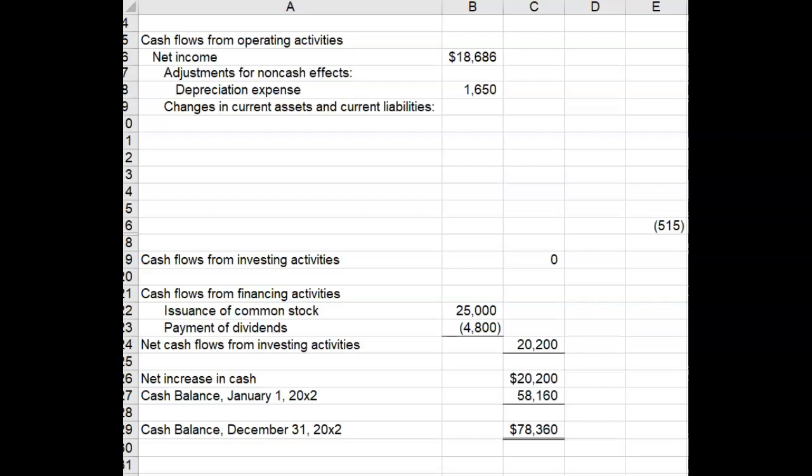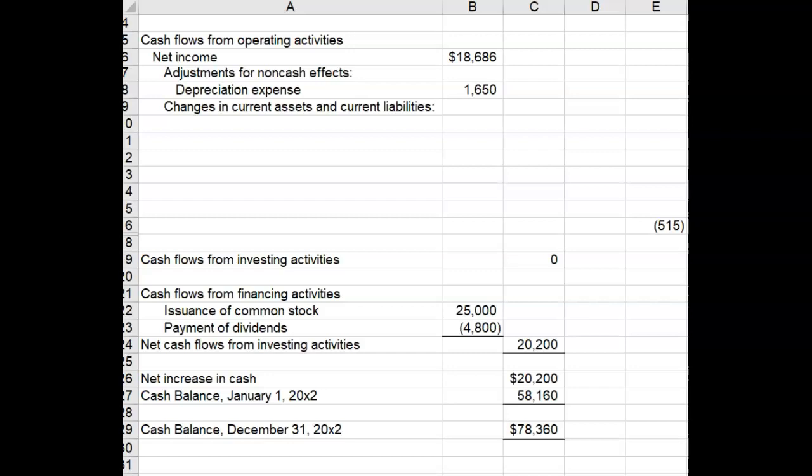What that means is, if the balance in a current asset increased, you must subtract the amount of that increase from net income. And if the balance in a current asset decreased, you must add the amount of that decrease to net income.